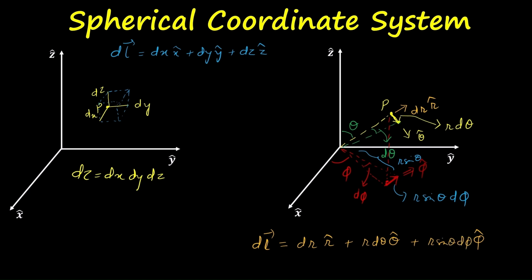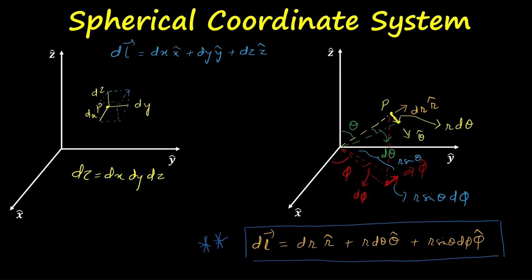So this is the expression of the increment in spherical coordinate system. This formula is very important because using this formula, we can derive the divergence, gradient, and curl in spherical coordinate systems.